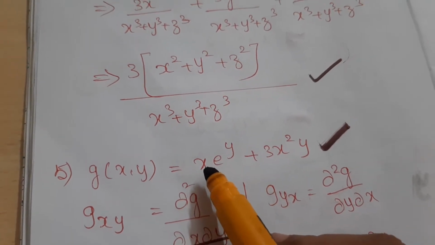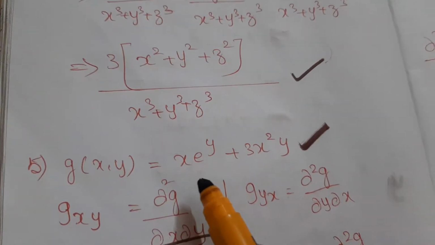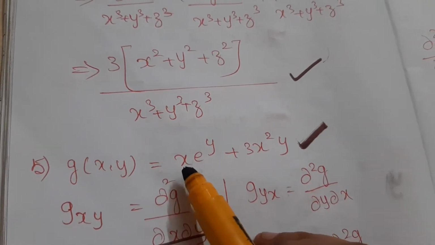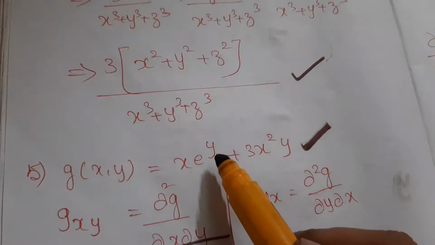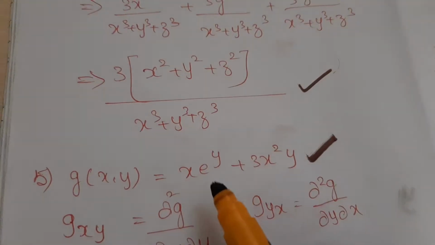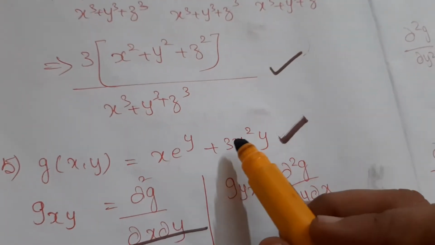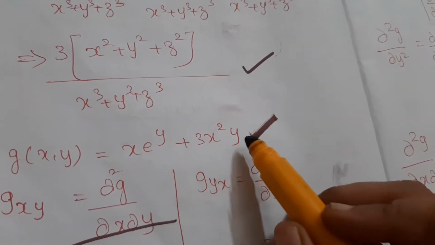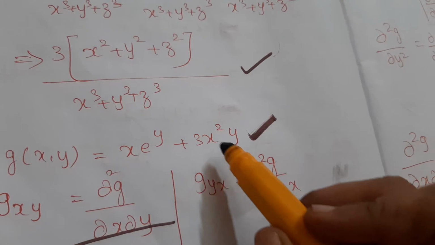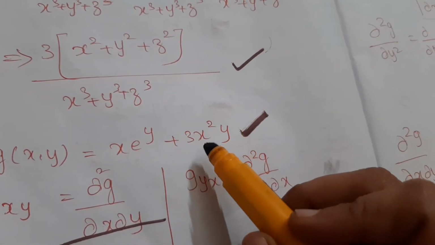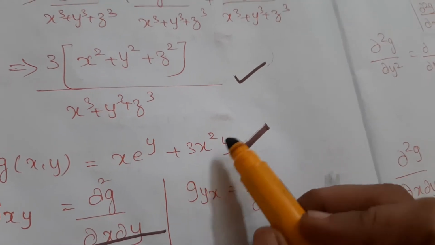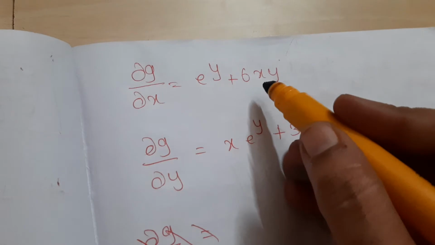If I differentiate the first term with respect to x partially, this x will become 1 and this e power y will be a constant that should come as it is, plus 3x square y. This 3 and y will be treated as constant and the differentiation of x square is 2x. So 3 2s are 6, 6xy will come. So this is my dou g by dou x.